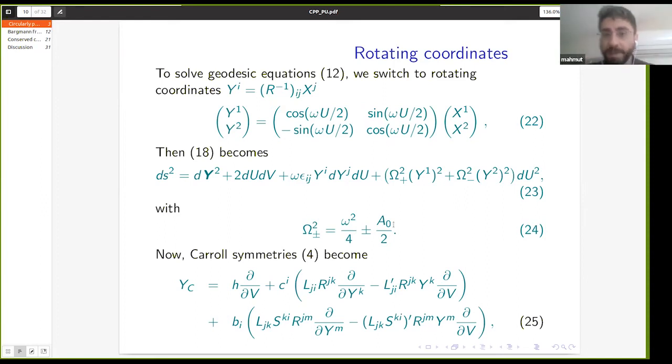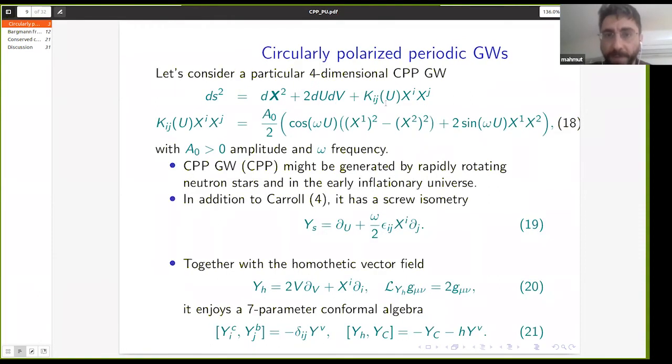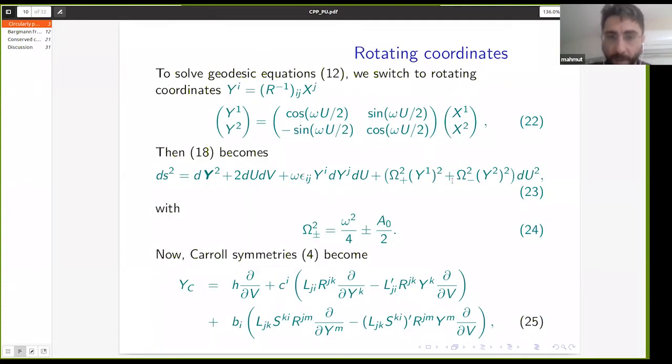Now, the good thing is that this profile part of the wave is now independent of U. Previously, it depended on U here, but now it is independent of U. Therefore, the geodesic equations of motion become a bit simpler, and now you are able to solve the equations.